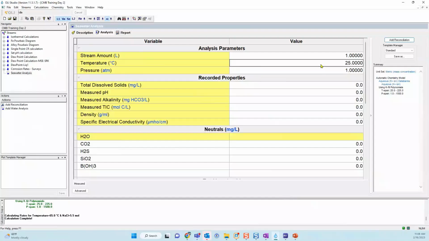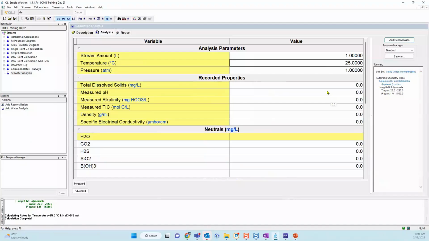So usually I assume 25 degrees C and 1 atmosphere. That would be the temperature of the lab. In some reports, I have noticed that they put the actual temperature and pressure that they used in the lab to do the measurements. So if it were 22 degrees C, you can change it here, right? But overall, we will assume 25 degrees C and 1 atmosphere.